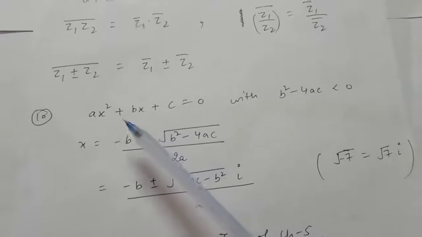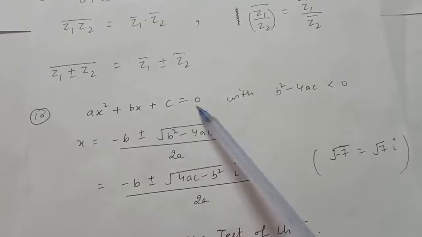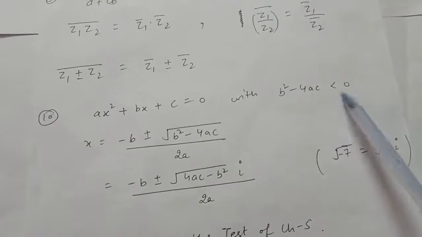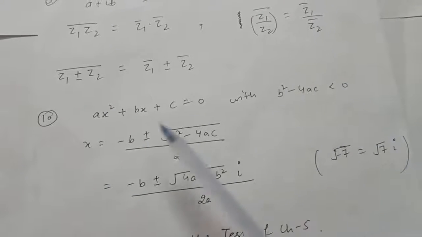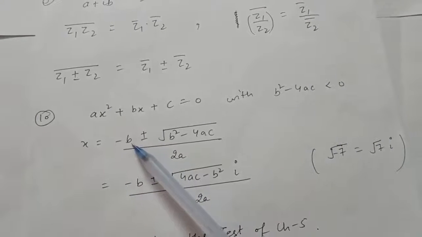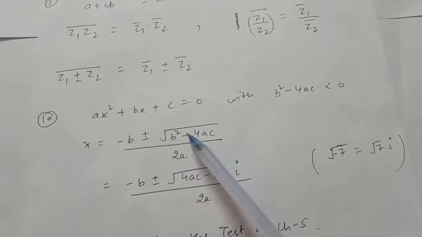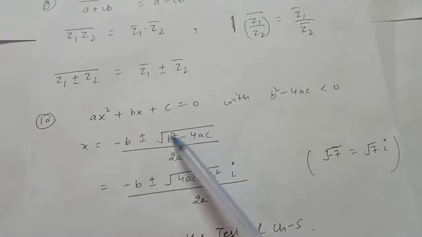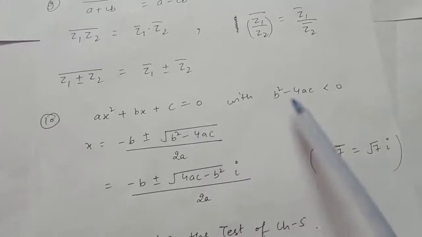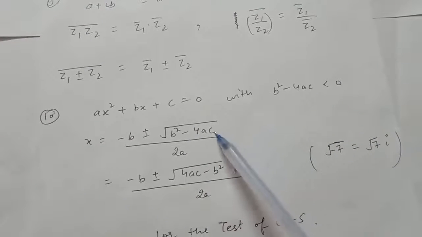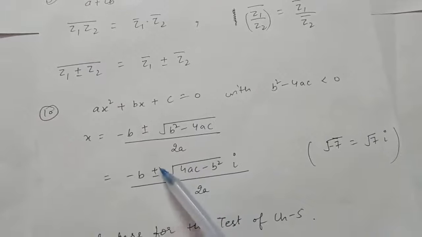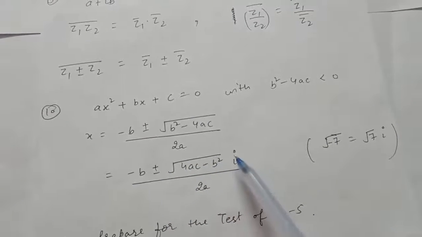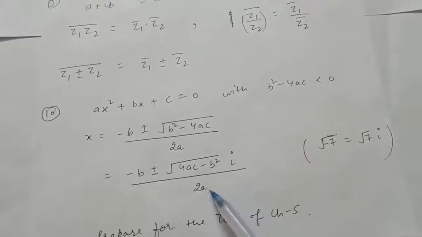Now, if this is the quadratic equation given and also b square minus 4ac is less than 0, then the value of x will be minus b plus minus root of b square minus 4ac upon 2a. But b square minus 4ac here is given less than 0. So it can be written as minus b plus minus root of 4ac minus b square into iota upon 2a.